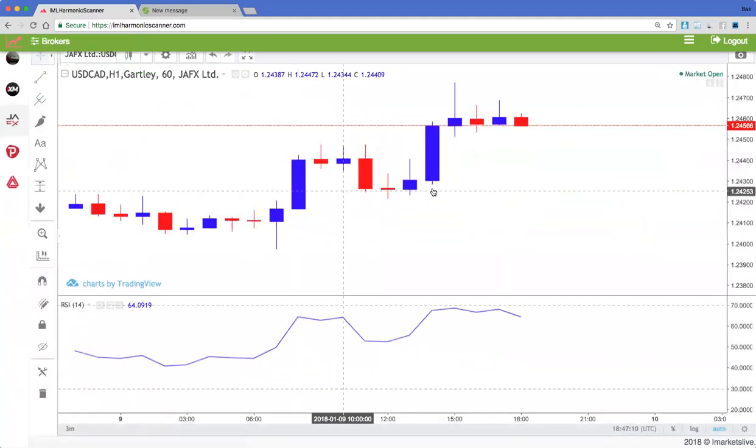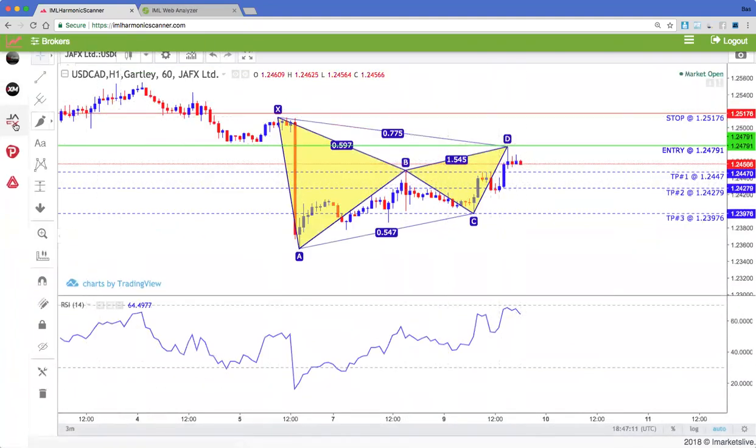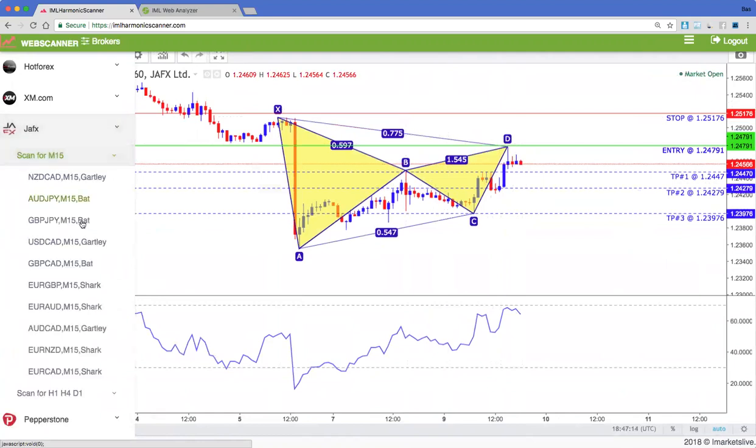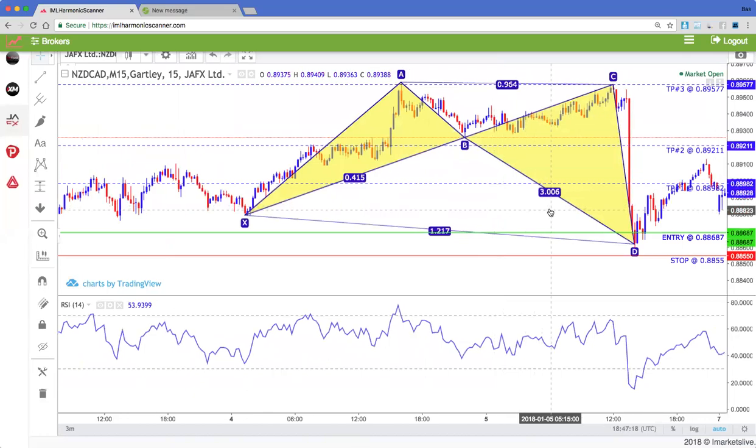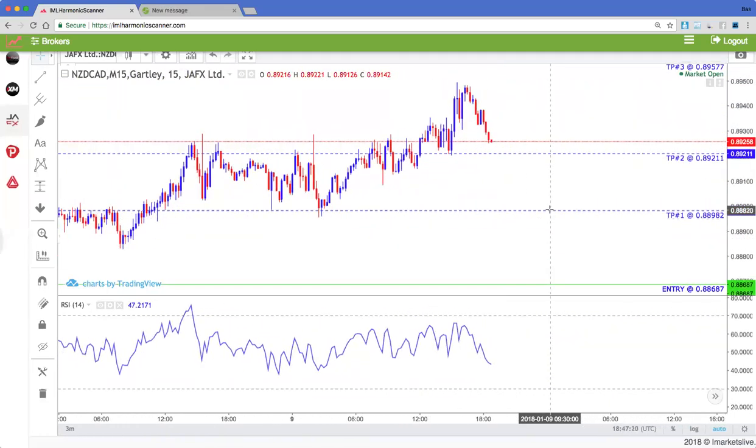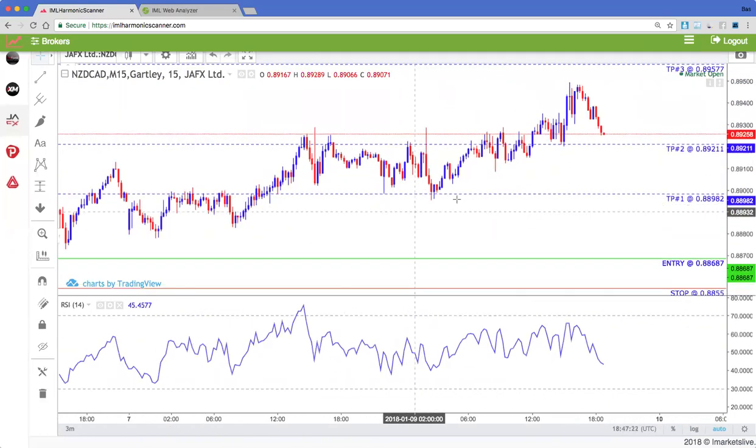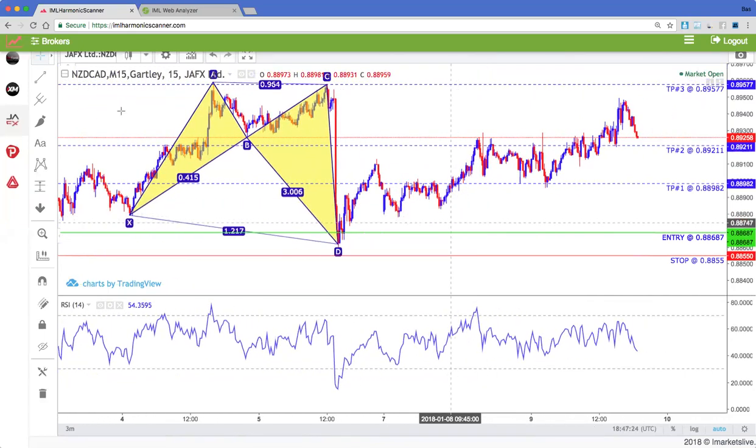This is also US dollar CAD, so it's also found at GFAX, very big broker, very good. New Zealand dollar CAD, already run out, going through, so this is a very long one.